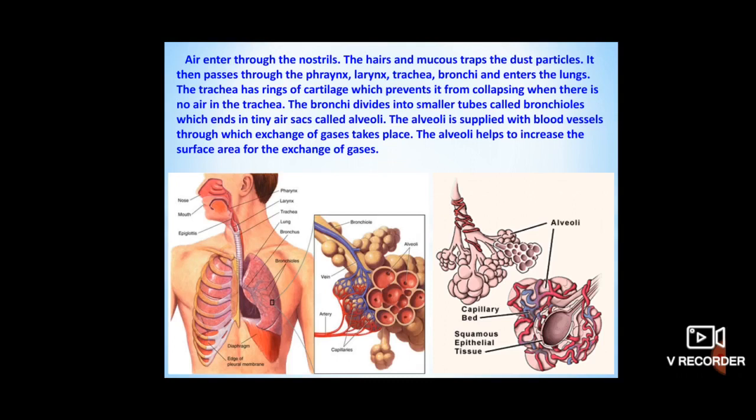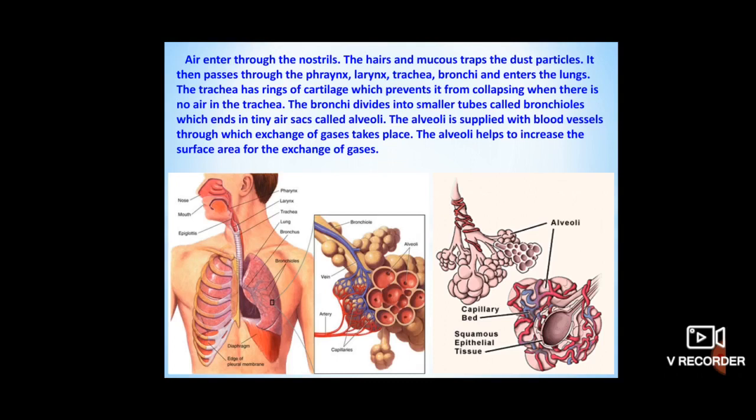The alveoli are air bags, elastic in nature, and linked to blood vessels. These blood vessels help supply the oxygen, and the carbon dioxide exchange is held in the alveoli only.